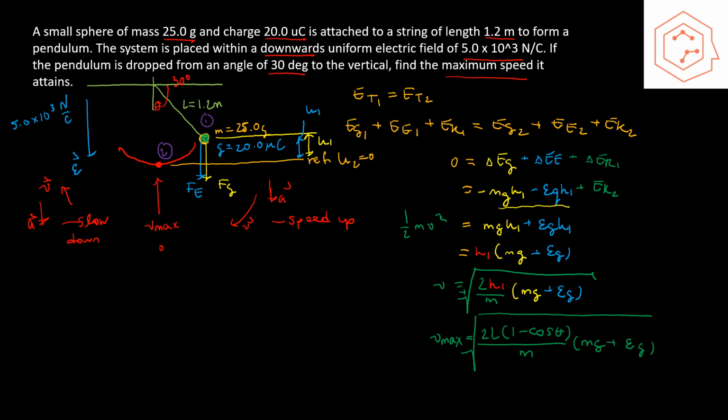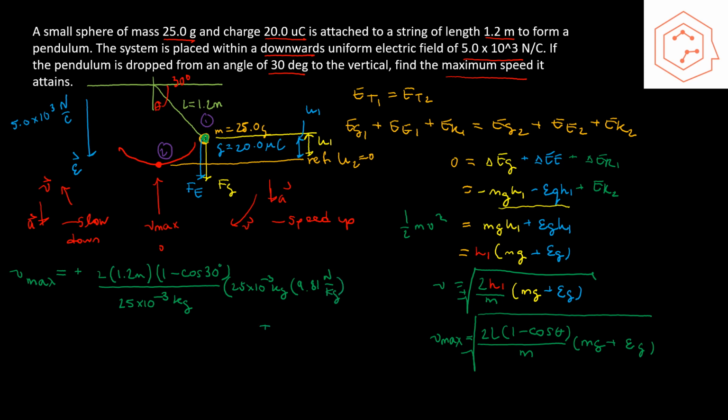So Vmax is equal to the positive square root of 2 times L, which is 1.2 meters, times 1 minus cosine of 30 degrees, divided by m, which is 25 grams, but we want everything in SI units, so it's 25 times 10 to the negative 3 kilograms, multiplied by the same thing for m, 25 times 10 to the negative 3 kilograms, times g, which is 9.81 newtons per kilogram.